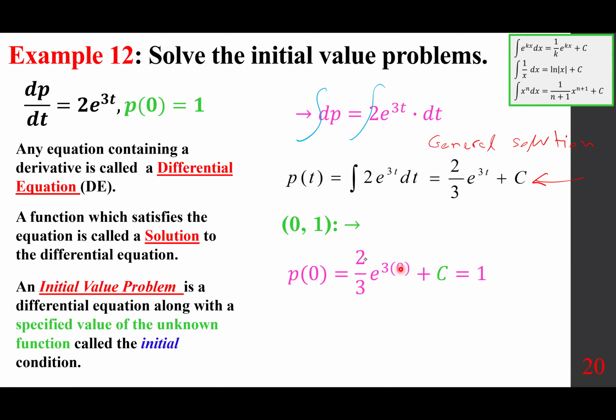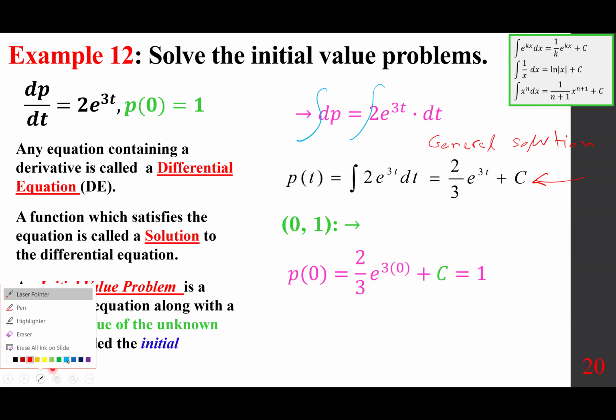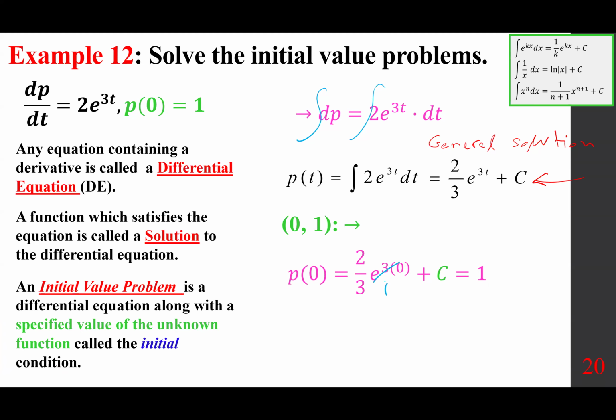E to the power of 3 times 0, that means e to the power of 0, that means 1. So this is 1. So 2/3 plus what number is 1? 1/3. So we found the constant, we replace it, and now this is an initial value problem.